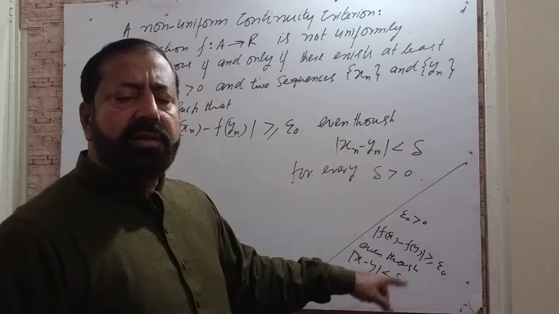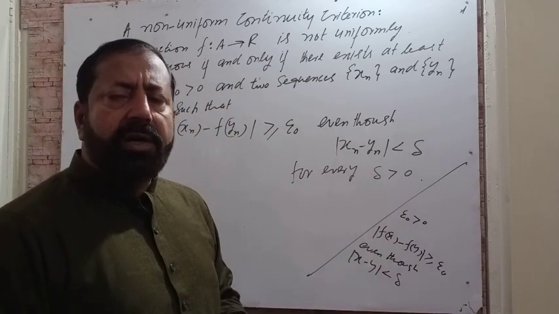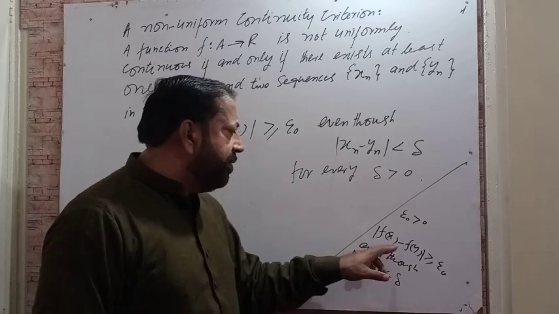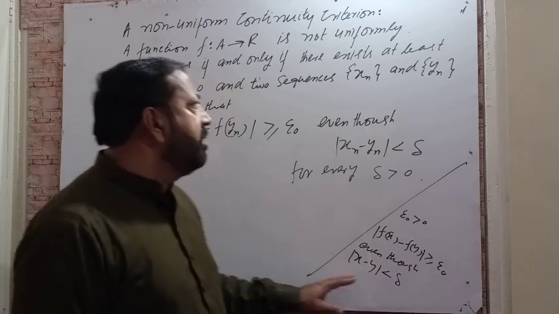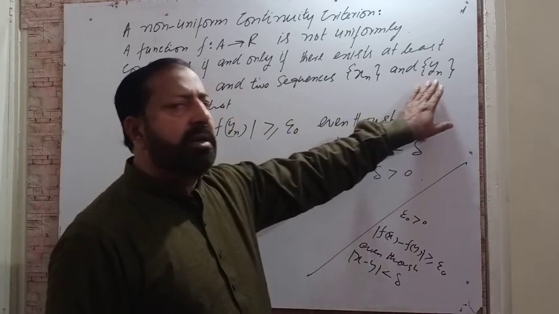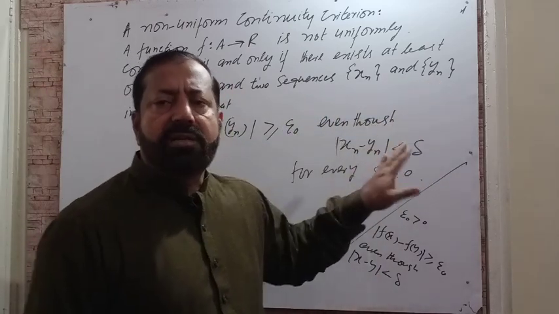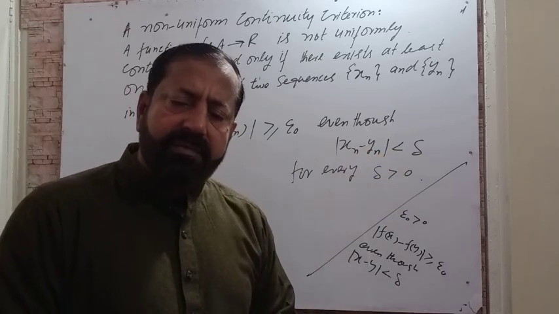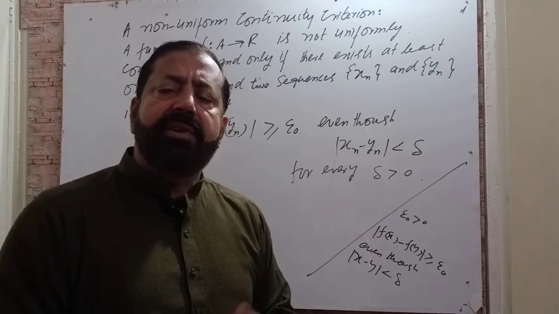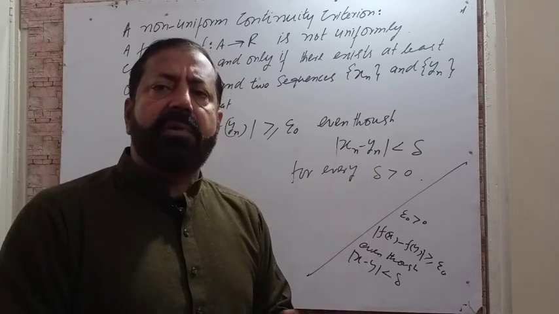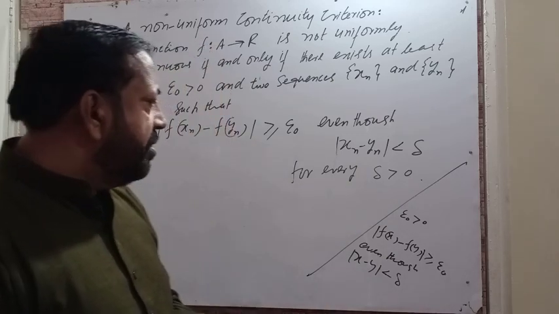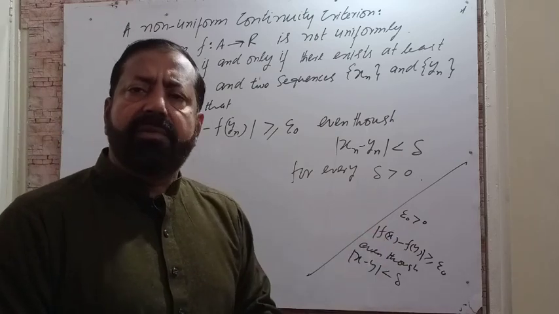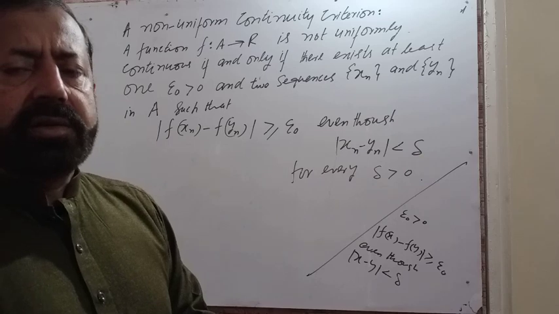That was the non-uniform criterion we discussed last time. Instead of using x and y, we can choose sequences x_n and y_n. So instead of two arbitrary points, we are choosing two arbitrary sequences from the domain, as we elaborated in our last lecture.